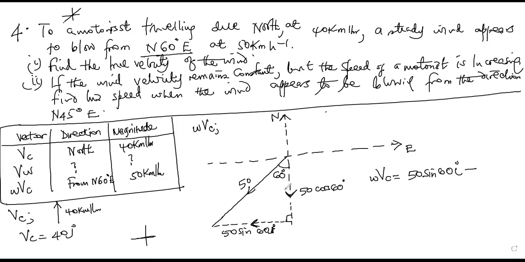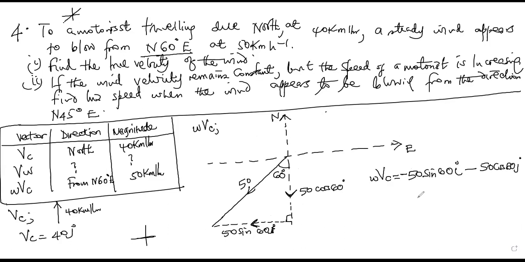Negative 50 sine 60I. Here we don't show the negatives on the diagram because the arrow shows the direction already. So minus 50 cos 60J.